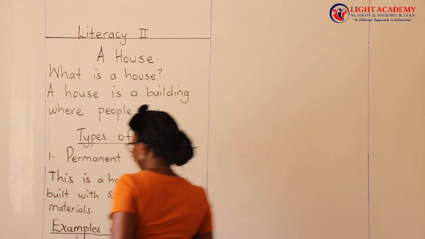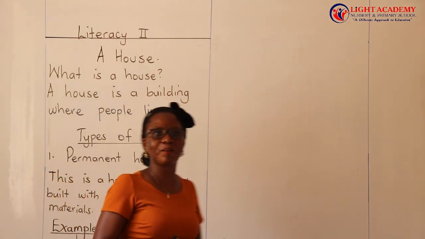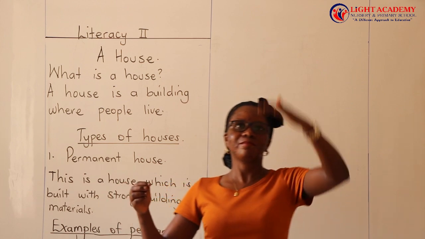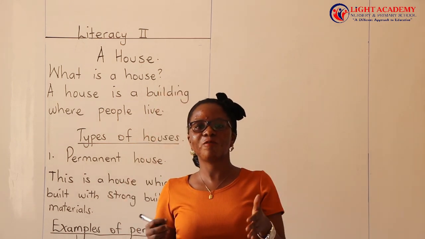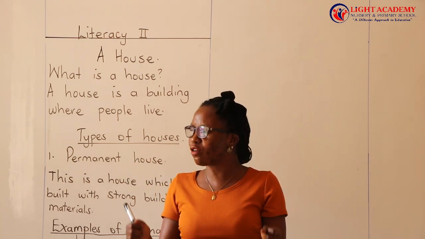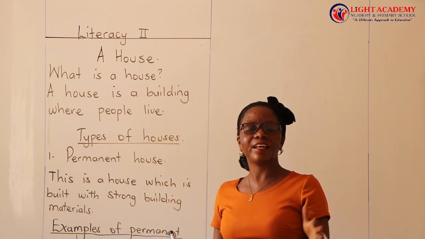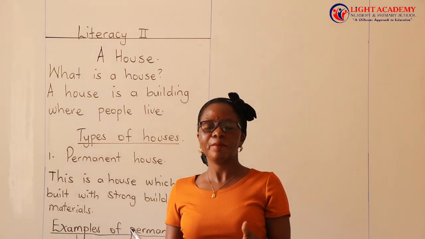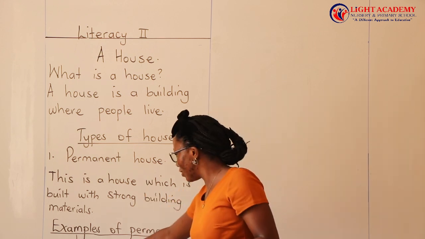Number one house that is a permanent one is a flat. Some of us in our homes, we have flats. We have storage houses. That house is very strong because it is built with strong building materials. Even if wind comes, that house cannot be swept away. Why? Because it is built with strong building materials.